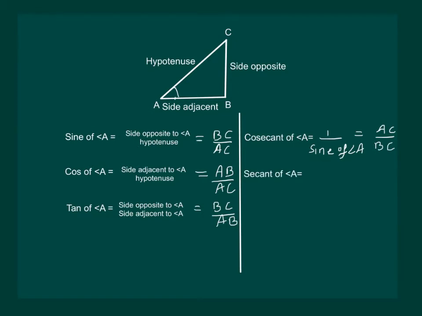Reciprocal of cos of angle A is secant of angle A, that is 1 by cos of angle A. In terms of ratio, it will be hypotenuse by side adjacent to angle A, that is AC by AB.